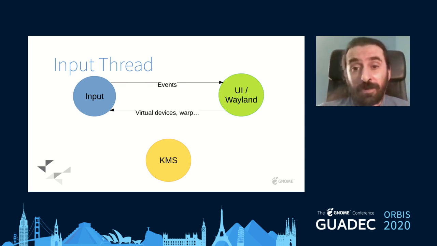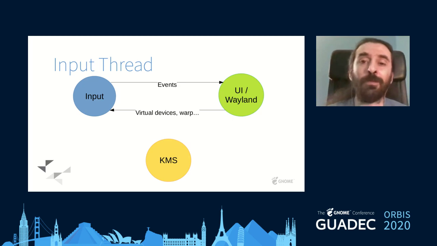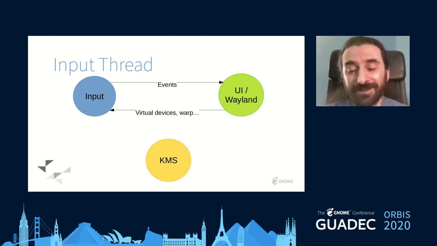But there's also a number of others, like device querying or modifier querying or pointer barriers or pointer constraints or pointer locking. There's quite a few of these. This has been mostly streamlined, so the interactions are easier between both threads, and hopefully it will pay off. So next slide.